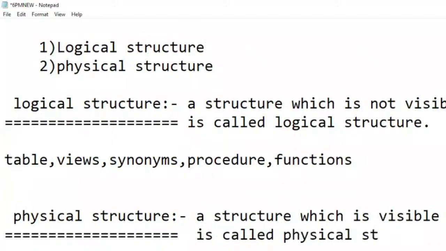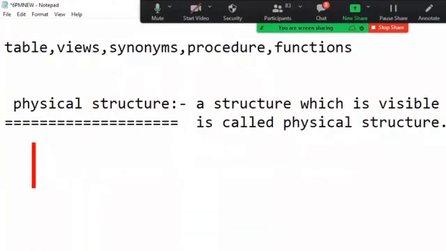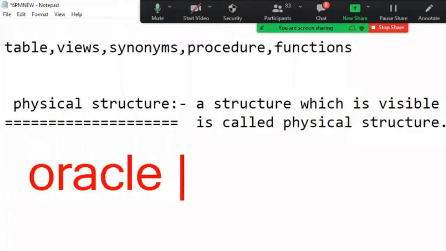Who are the persons working in this physical structure? It's a big concept; I'm only telling the definition side today, and I will tell you which definitions are correct. A structure which is visible in the operating system is called a physical structure. Suppose I am installing software such as PowerPoint, MS Access, or MS Word; physical files are created on the disk. Same as Oracle, a relational database software, or MySQL, SQL Server.